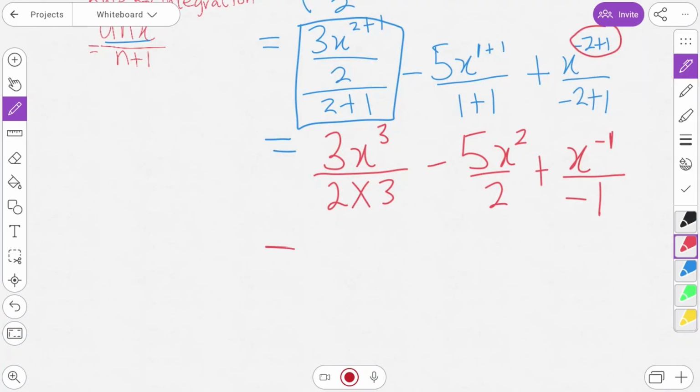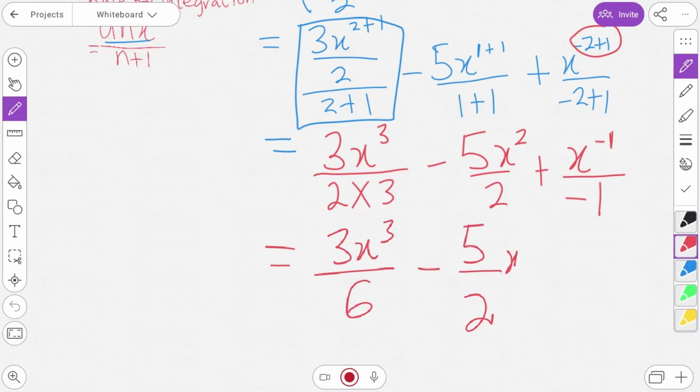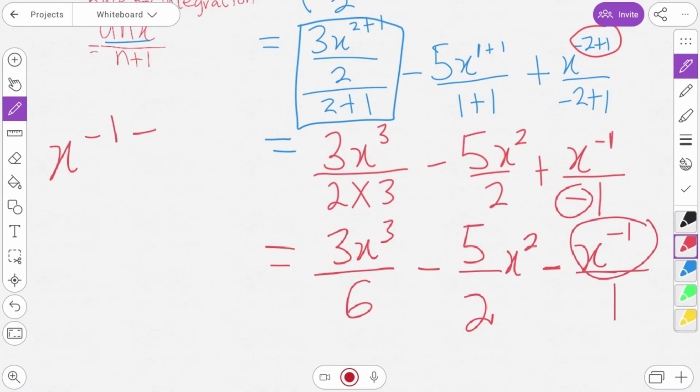So we further simplify it by writing it as 3x cubed over 6 minus 5x squared over 2. Because of this negative, we write this as that over positive 1. This is the same as what is there. And with x raised to an exponent of negative 1, we can rewrite it as 1 over x.